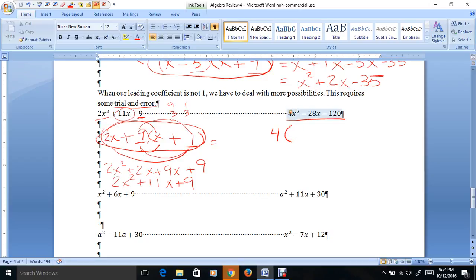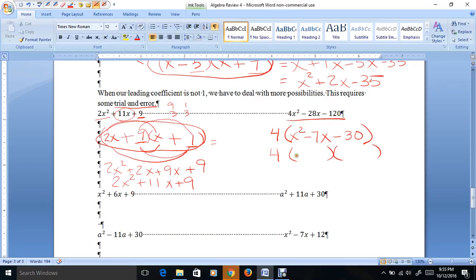So if we factor out the 4, we're left with x squared for our first term, negative 7x for the second term, and 30 for the third term. So this makes things a little more simple now. The 4 just sits here out in front, but now we're going to factor what's left into two binomials.